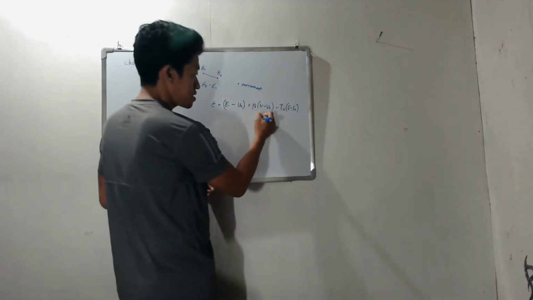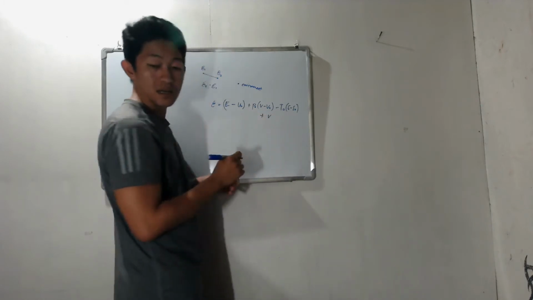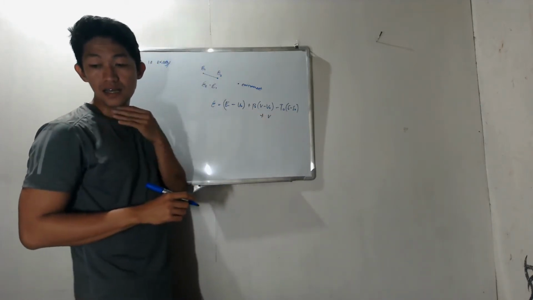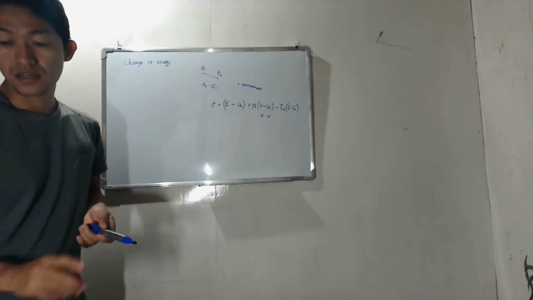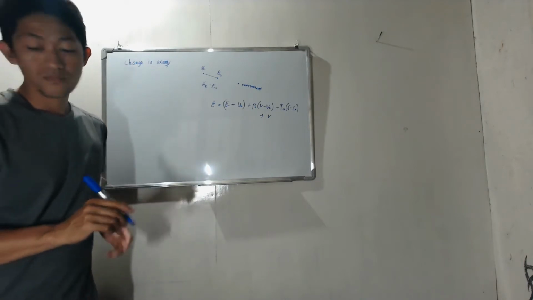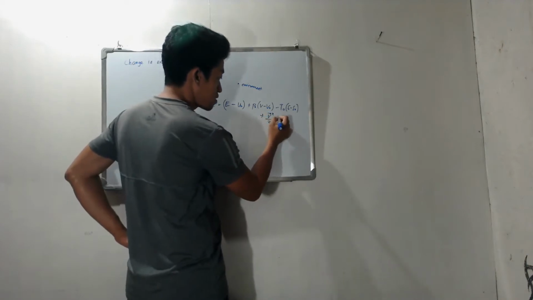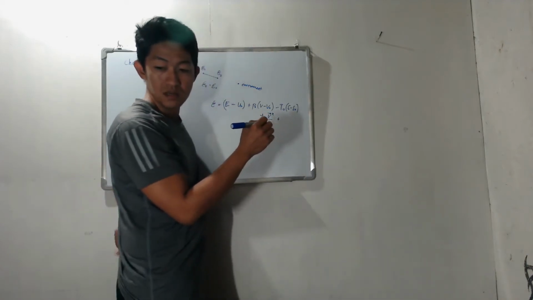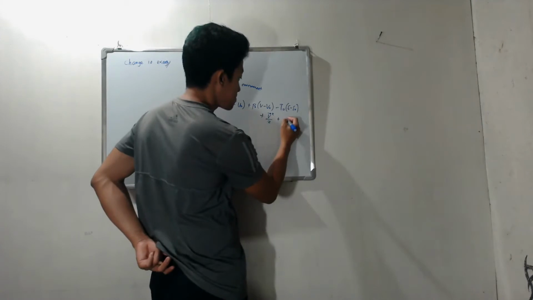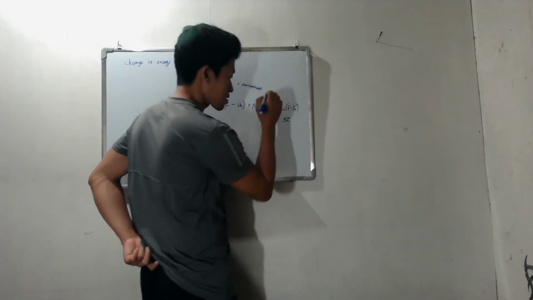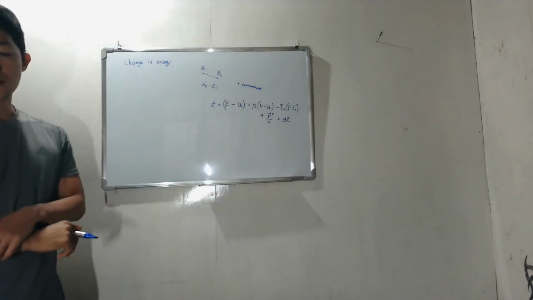But we also add the kinetic and potential energy, so we put the arrow, plus GZ.